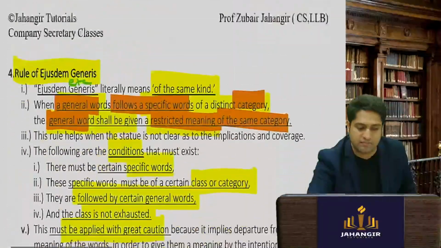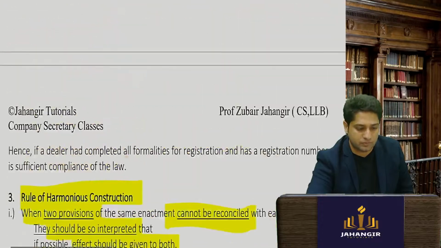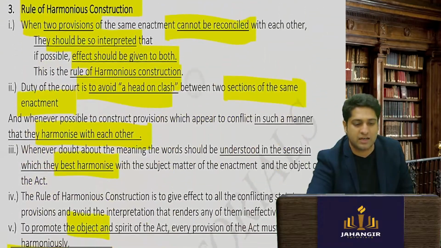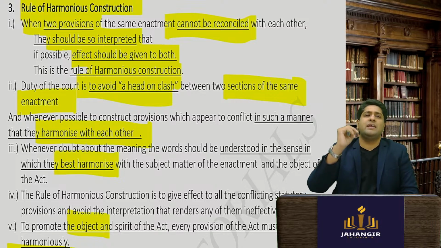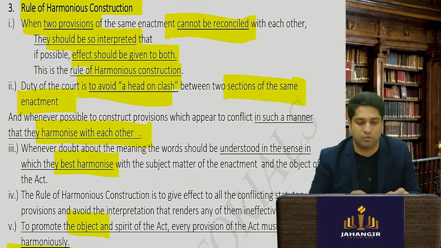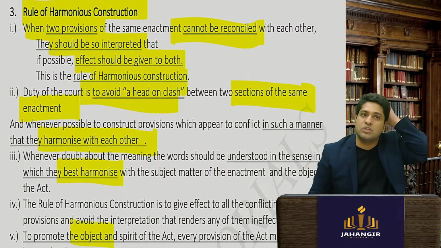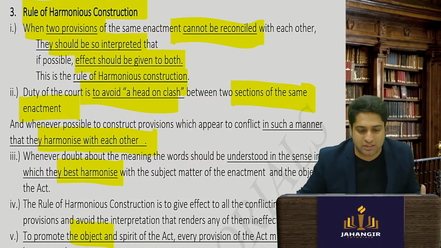Very, very simple. Then comes the next rule. The next rule is again a very, very important rule, an examiner's favorite exam question. They must have asked it 7 to 8 times. What is the rule of harmonious construction?